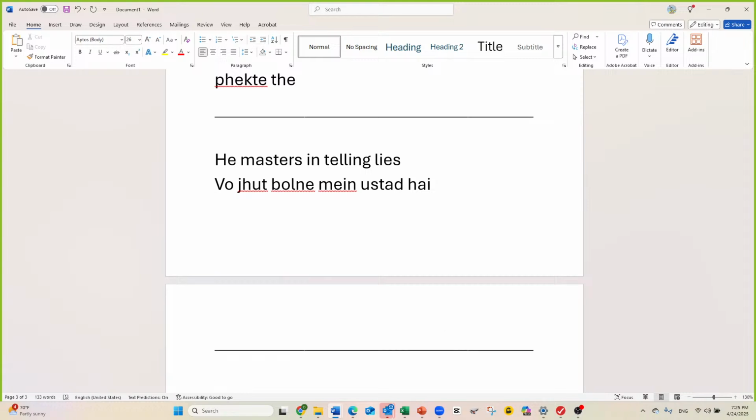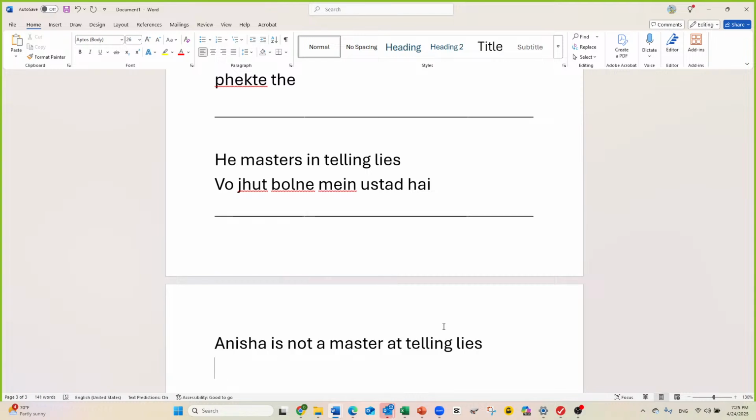Now, how would you say Anisha is not a master at telling lies? अनीशा झूठ बोलने में नहीं उस्ताद है. So nahi always has to come before hai.